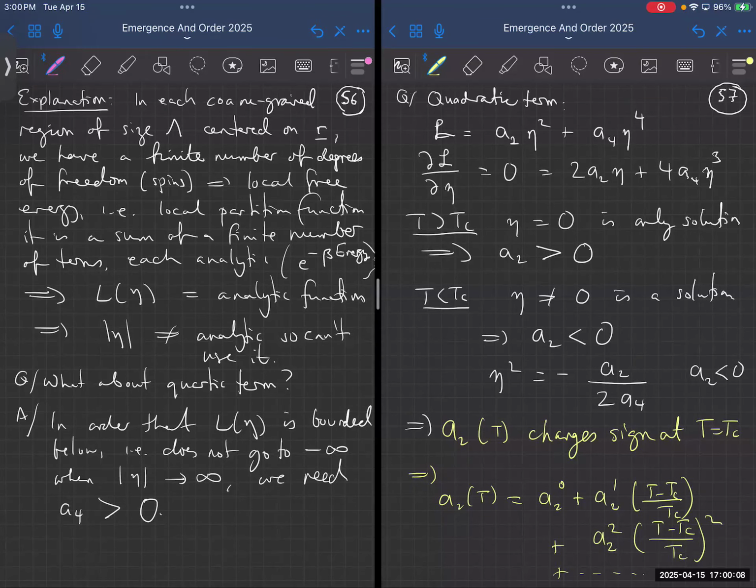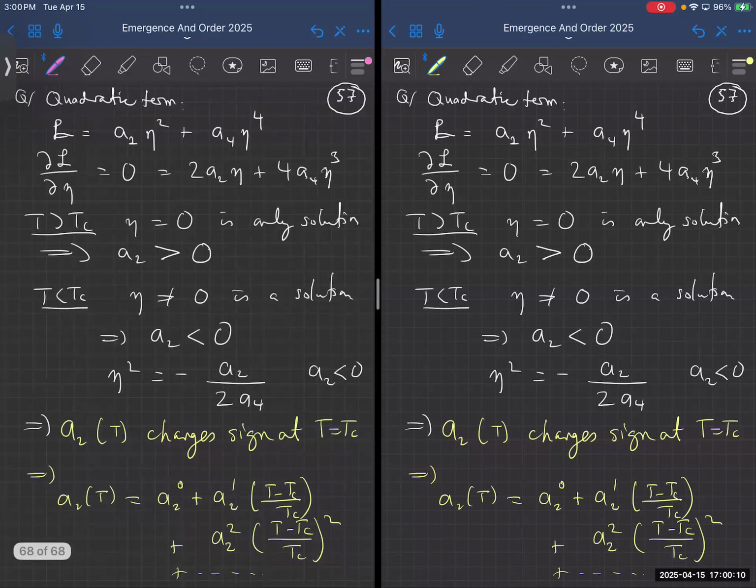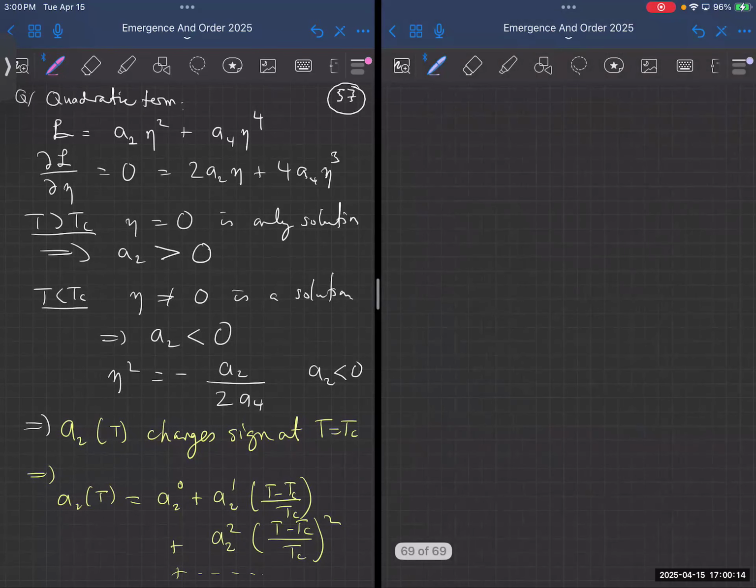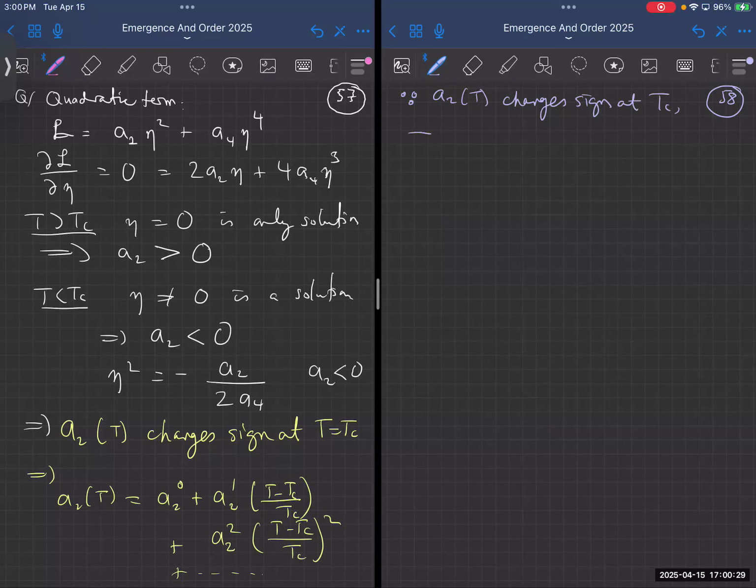And because A2 changes sign at TC, that tells us that this coefficient A20 in the Taylor series expansion must also be equal to 0.